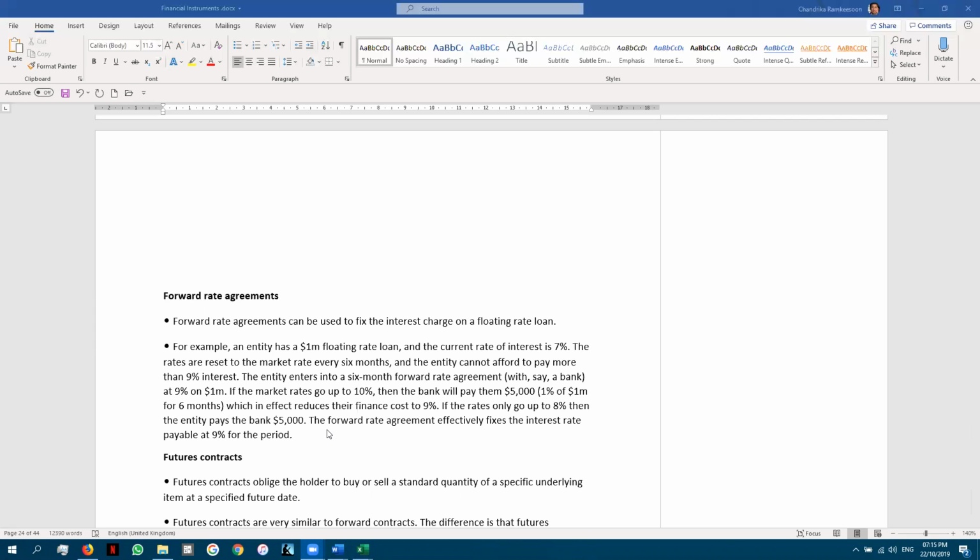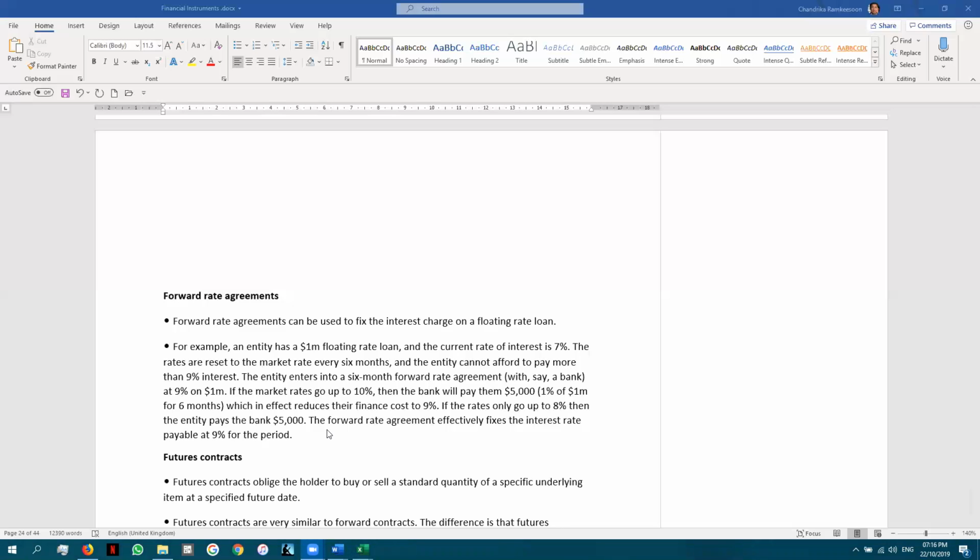We say floating because if, for example, an entity has a 5-year loan and the interest rate on that loan will remain fixed, that entity does not have to hedge the risk of movements in the interest rate because the rate will remain fixed.